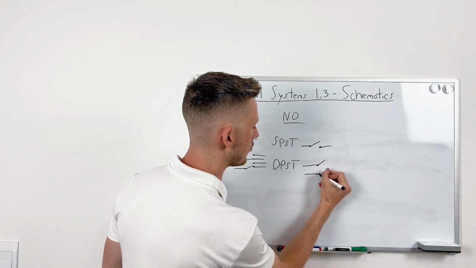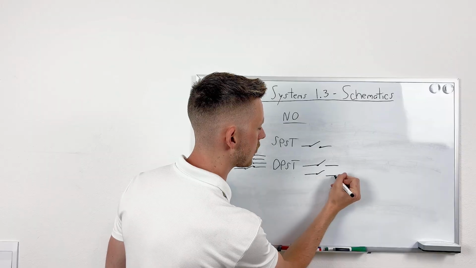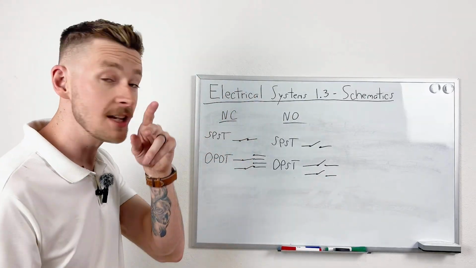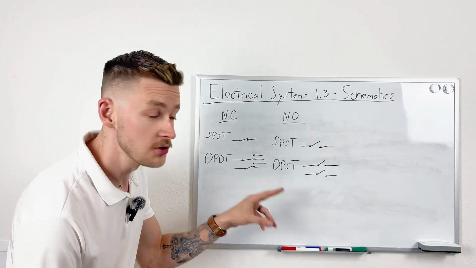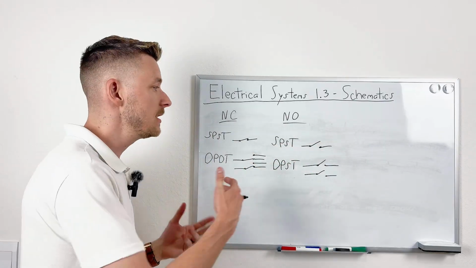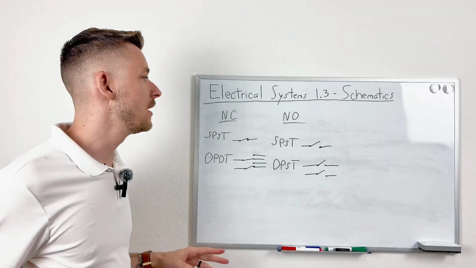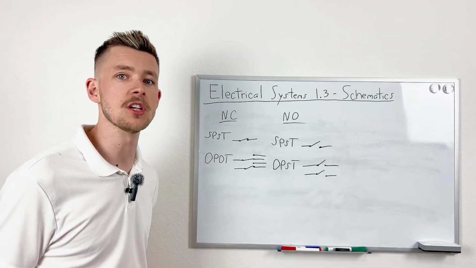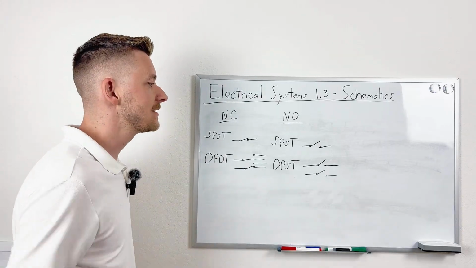They're going to be normally open for this one, and then we're going to have ours right here. So again, single throw: two poles, two circuits, and then a single output. It's either going to be engaged or it's not going to be engaged. And so these are your basic switches when it comes to what you're going to be needing to execute.